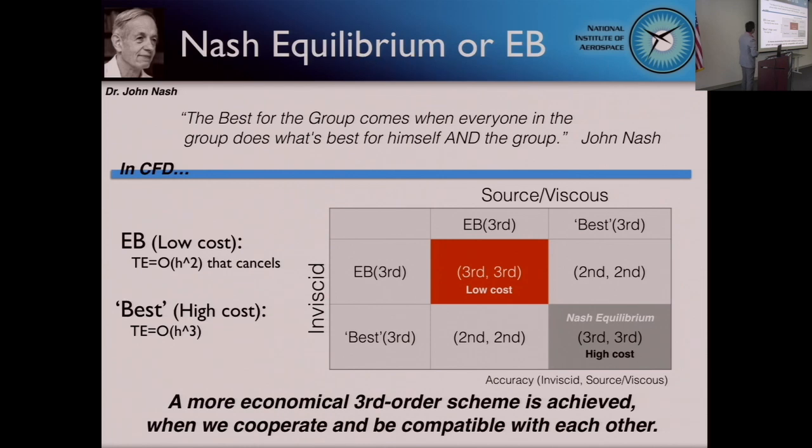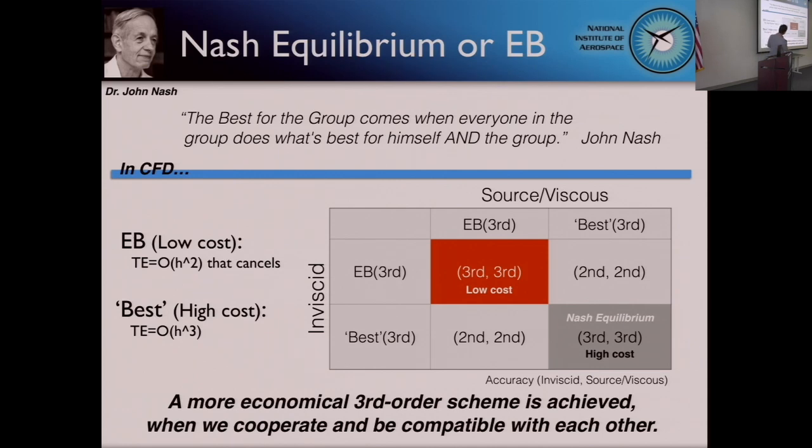And in CFD, if a researcher focuses on an implicit scheme, he has a choice: an edge-based low-cost scheme, but it has to be compatible with other terms, or just see whatever is best for the implicit term. And it's likely that the truncation error will not have second-order error. That will cost more. And exactly the same story for the source or discretization scheme.